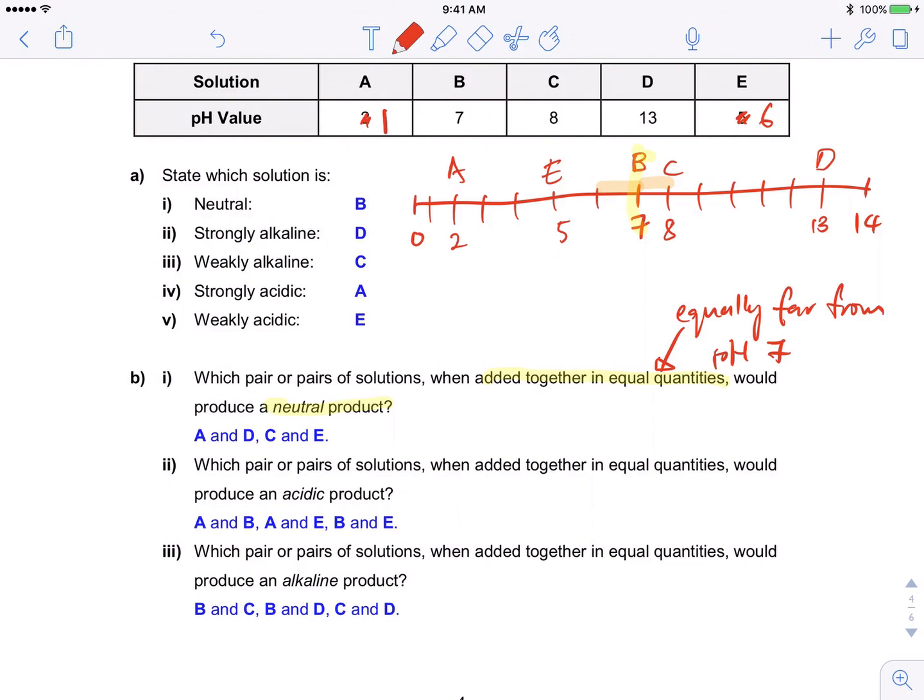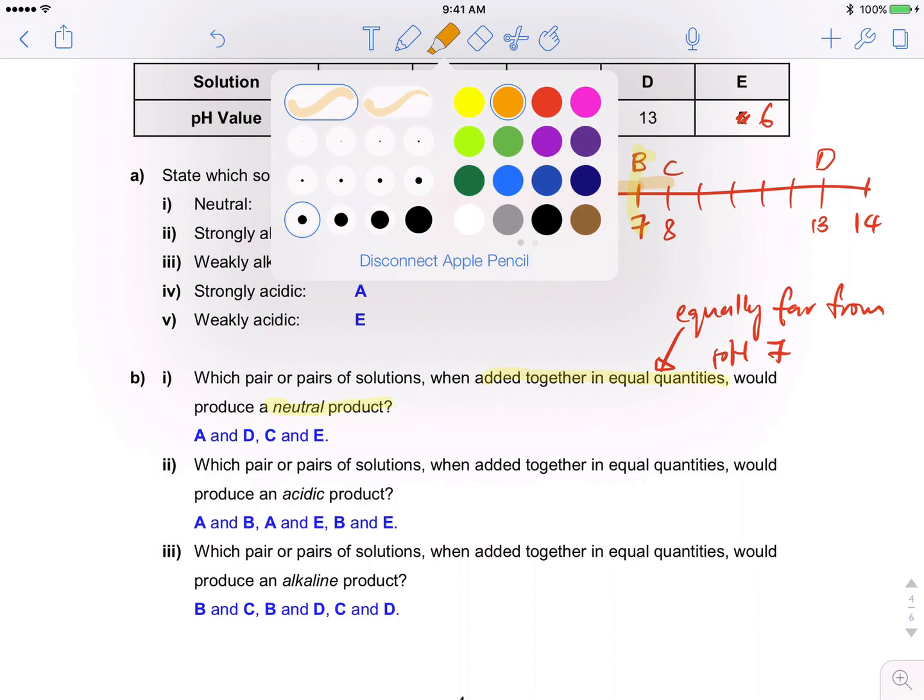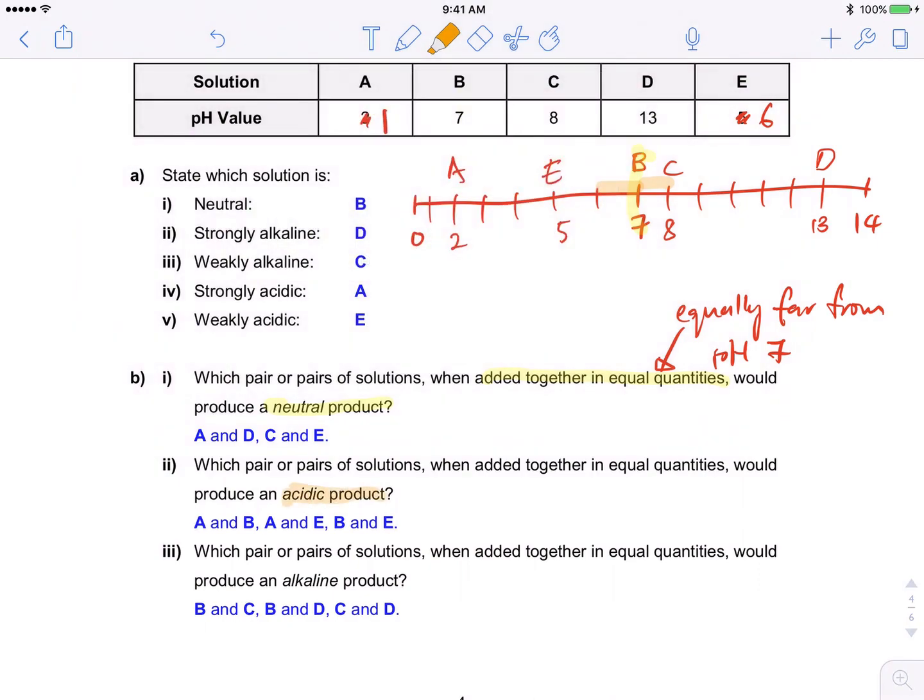Then, which pair or pairs of solution when added together in equal quantities will produce an acidic product? Now, if you want something to be acidic, there's two options. If I add two acidic solutions together, such as A and E, definitely their product will be acidic.